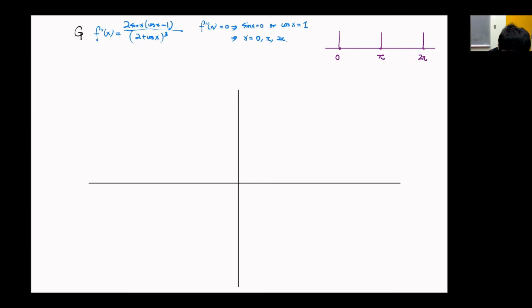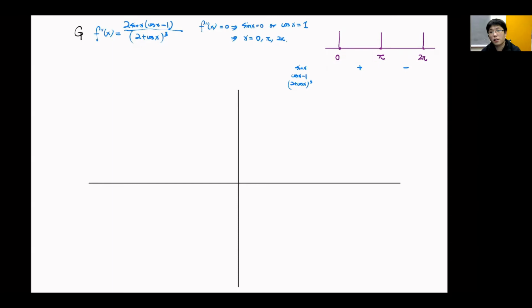This is pretty easy to see because, first, if you look at the three factors: sine of x, 2 cosine of x minus 1, and finally 2 plus cosine of x to the cube. Sine of x is positive between 0 and pi, and negative between pi and 2 pi.